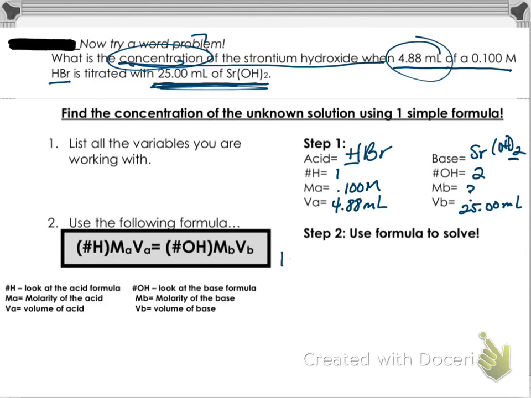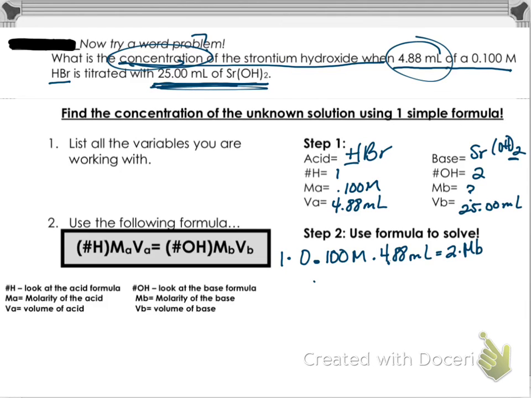So 1 times the molarity of the acid, which is 0.100 molar, times the volume, which is 4.88 milliliters. All right, that is equal to the number of hydroxides, which is 2.